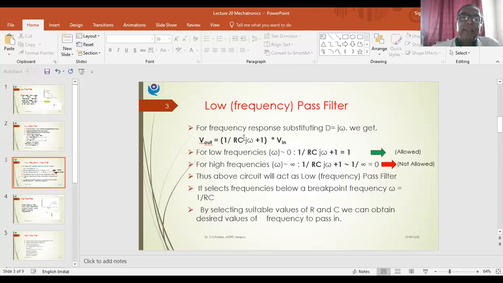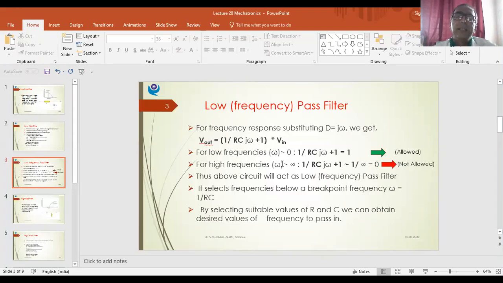Okay, so here 1 upon RCD plus 1 was there. So instead of d, let us put j omega. So V out is equal to 1 upon RC j omega plus 1, entire bracket multiplied by V in. Now for low frequencies, omega is almost equal to 0, isn't it?